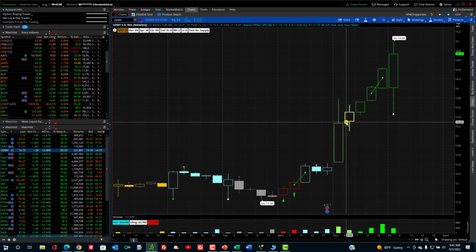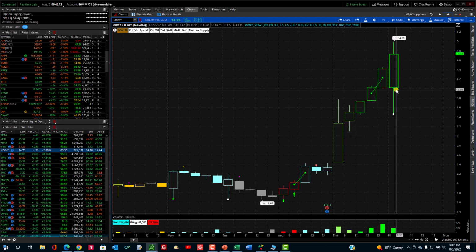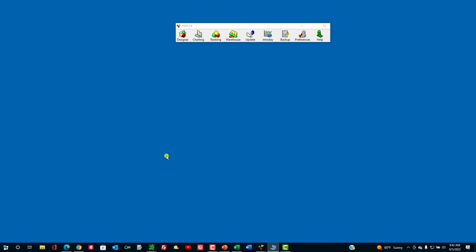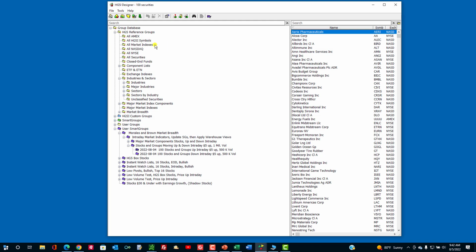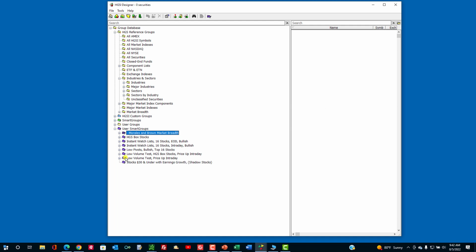Kind of a gap open from the prior day. And then every time it tried to sell off, buyers stepped in. Here's the early morning gap down. And buyers are taking it higher. Okay, let's go back and look at some other things here.